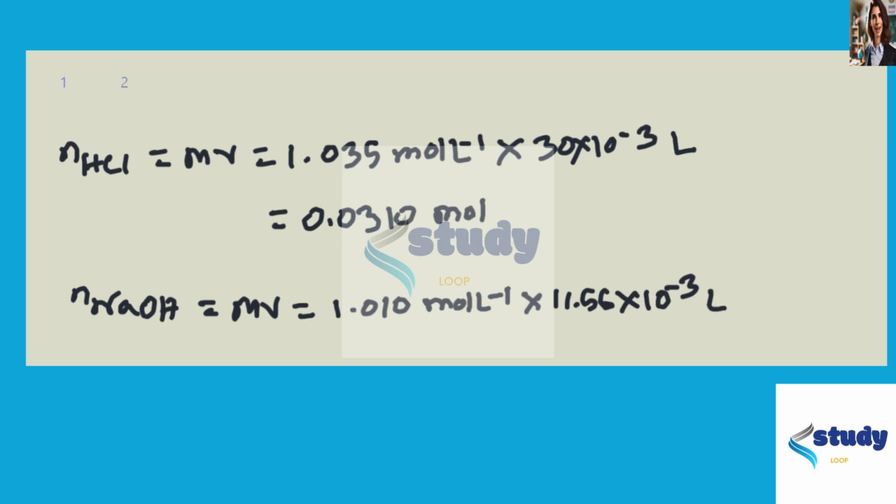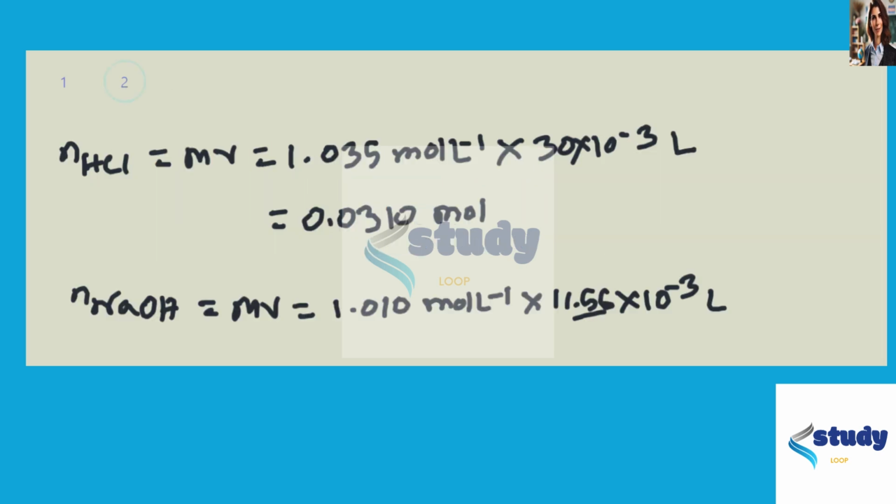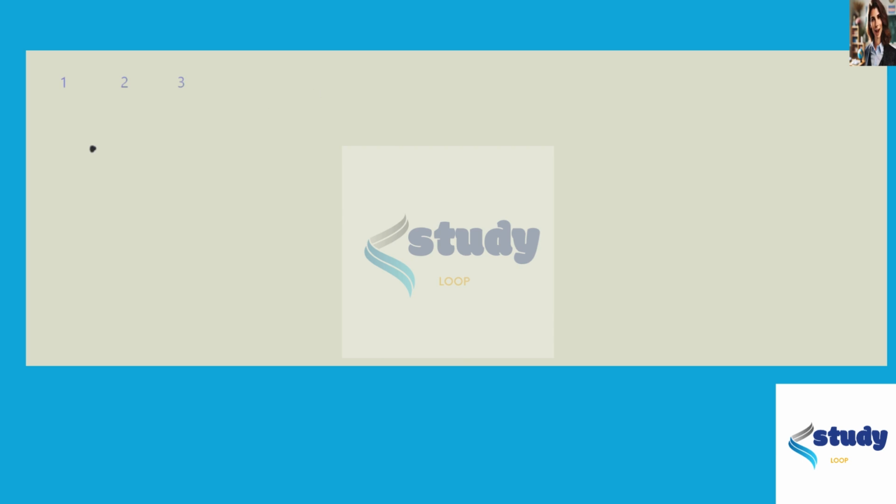So this is the volume of the sodium hydroxide which is required for the neutralization of the excess HCl. So just multiplying this volume by the molarity of the sodium hydroxide, we can find out the number of moles of sodium hydroxide which was used, and it will be 0.0117 mole.